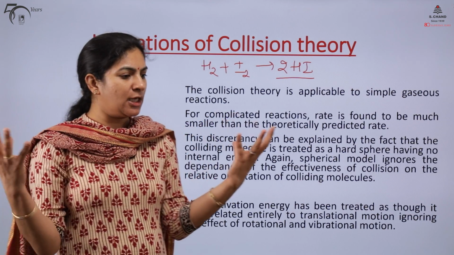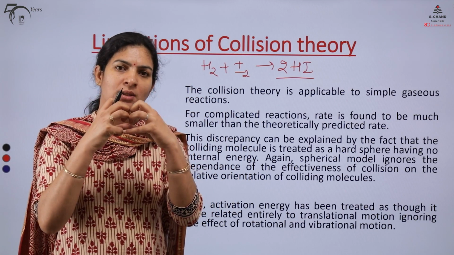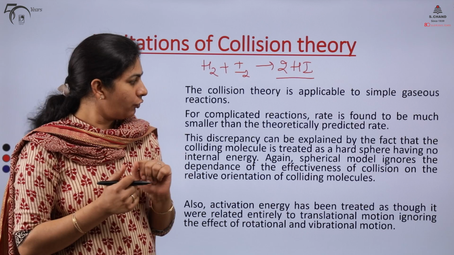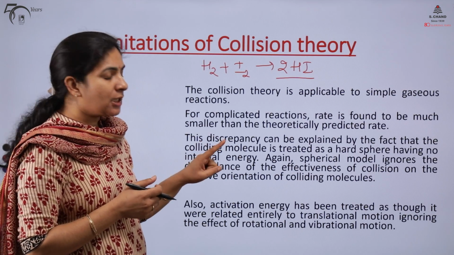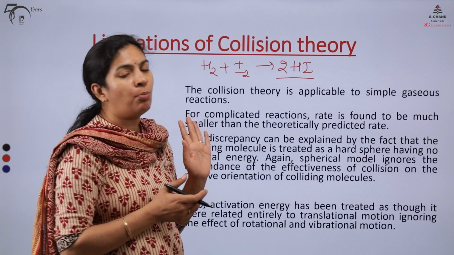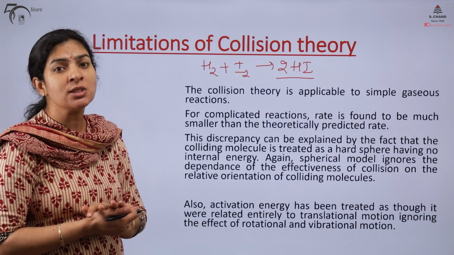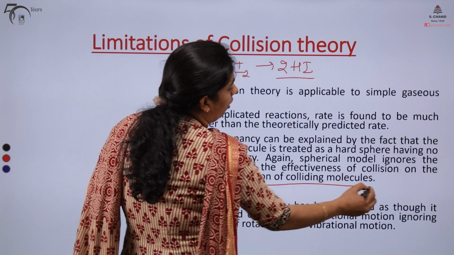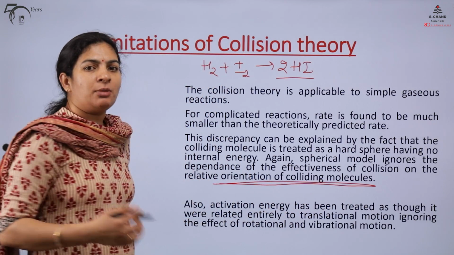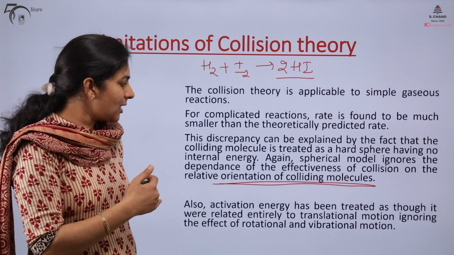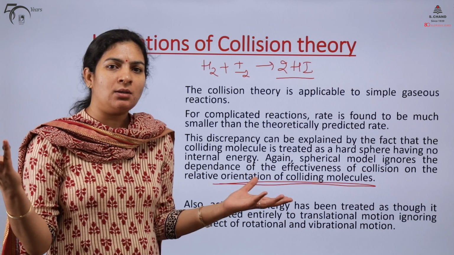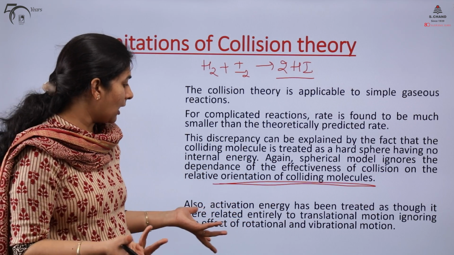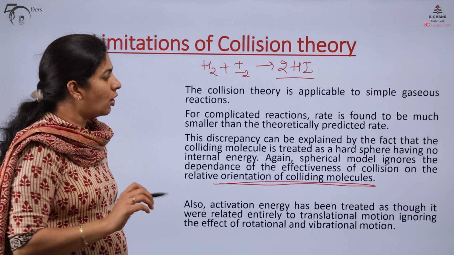So if the orientation in which the molecules approach each other is not correct, then they would not lead to an effective collision. And if we consider the spherical model for these gaseous molecules, this model ignores the orientation of colliding molecules. In other words, it says that in whichever orientation they come close to each other, reaction would always occur, which is not true.